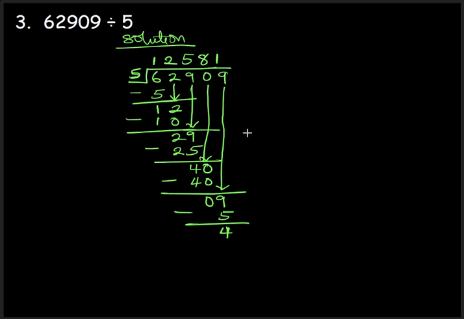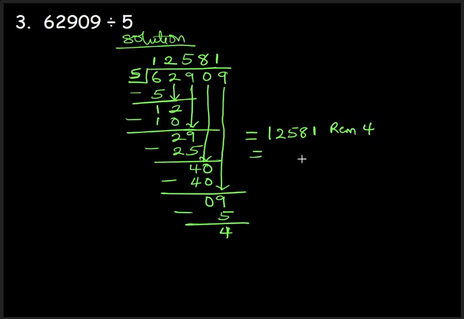So what do we do at this point? Our answer will be equal to, remember these are quotients, which will be 1, 2, 5, 8, 1. Remainder 4.